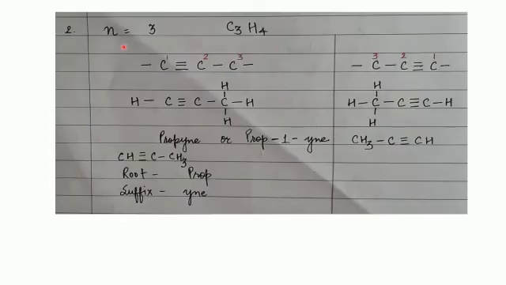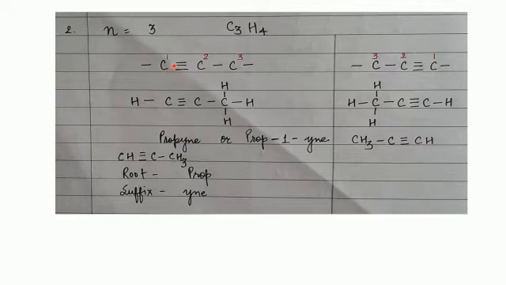The next example is propyne. Here we have the value of n equal to 3. So accordingly we get the formula C3H4. First step, show the 3 carbon atoms in one straight line. Right now we have shown the triple bond between the first 2 carbon atoms.